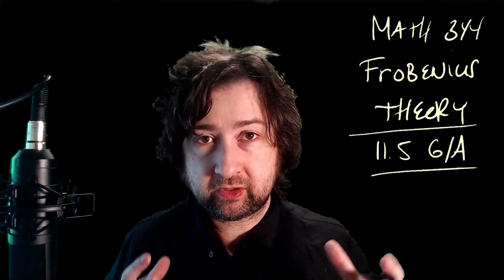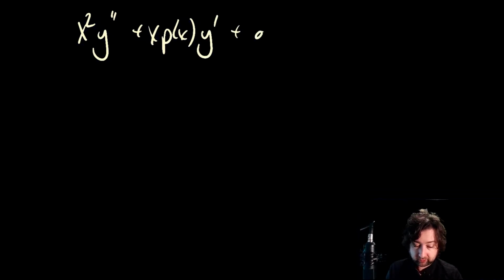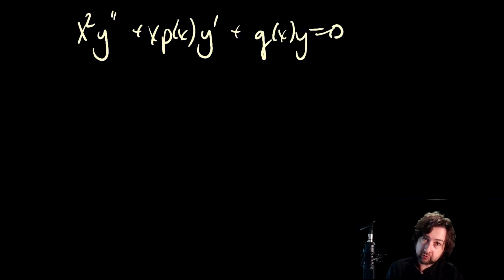So to begin with, let's remind ourselves about what the situation is in the case that we looked at in 11.4. In 11.4, we cooked up a general approach to differential equations that have singularities in the case of regular singular points. The general form of the equation looks like x squared y double prime plus x p of x y prime plus q of x y is equal to 0, with the additional assumption that p and q are analytic.